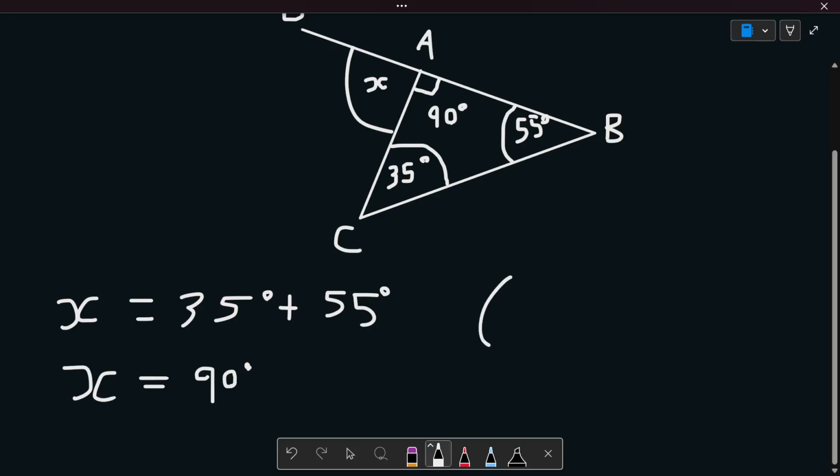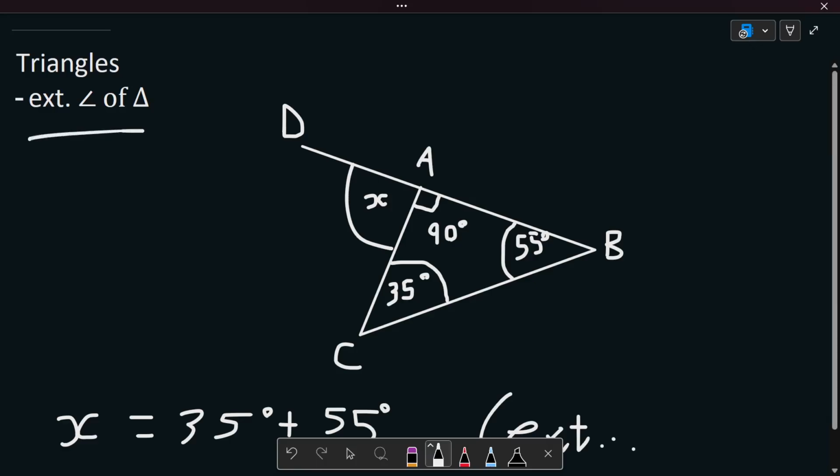And don't forget about your reason: exterior angle of a triangle. You can put that in. Don't forget, it's right there. You can use this reason over here. So that is about it. I know I can make it more hectic, but I can't do that now because this is just practice. This is why we use this and how we use it in different scenarios.